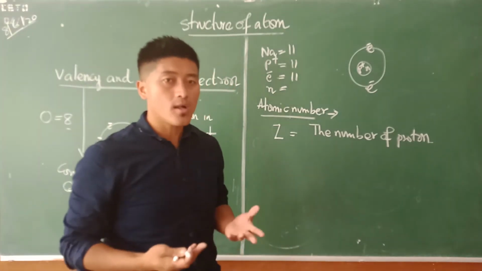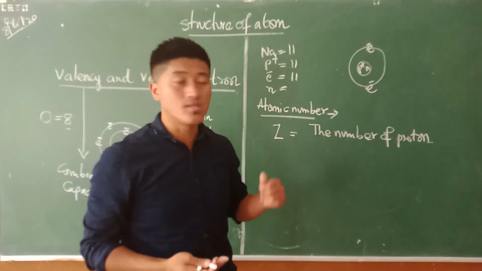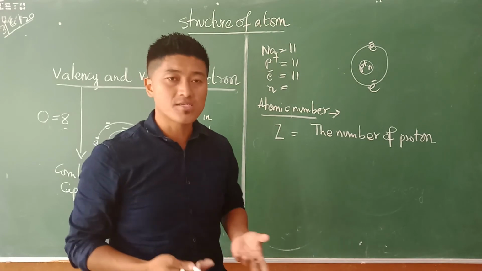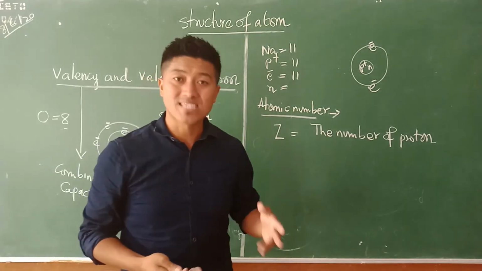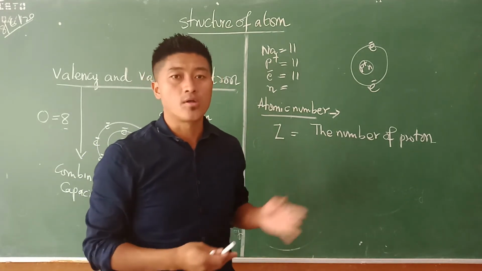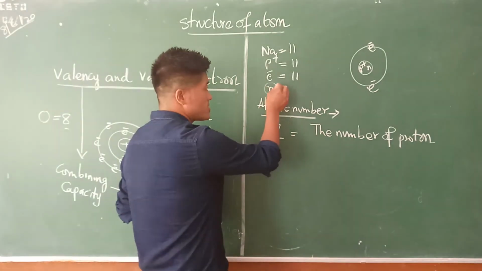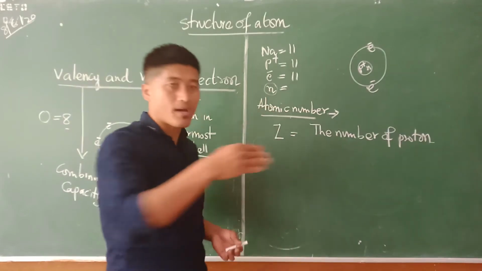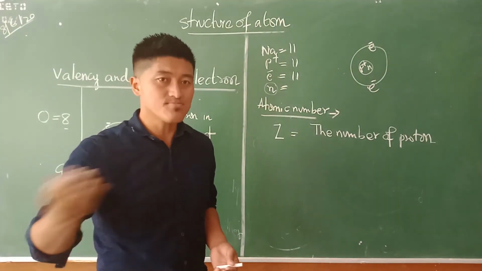So whenever the number of protons equals some value, you should also imagine that the number of electrons has the same value. But the number of neutrons, since neutron does not carry any charge, matters. Is that clear? This matters.